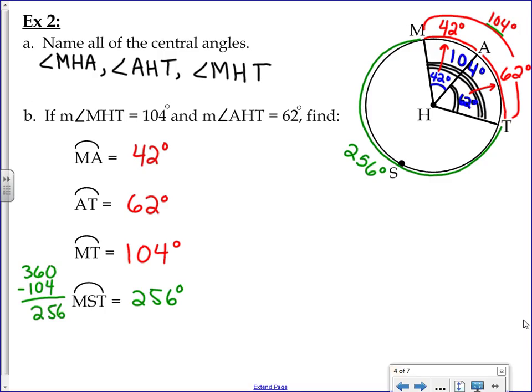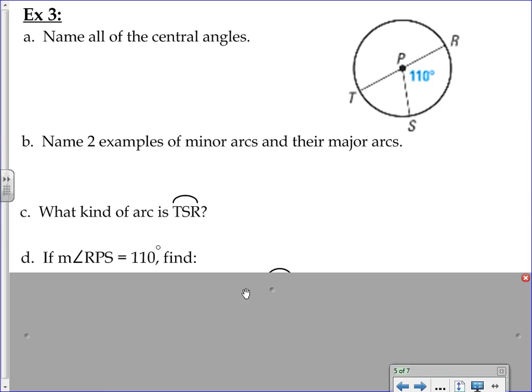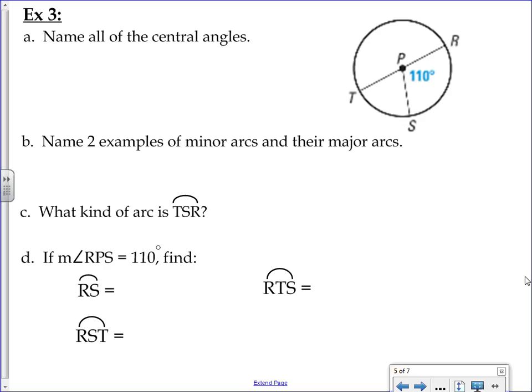All right, let's do another example. So the same idea. We're going to name the central angles, and then some minor arcs, major arcs, and then just write down some measures. So naming the central angles. We have angle TPS, which is over here on the left.